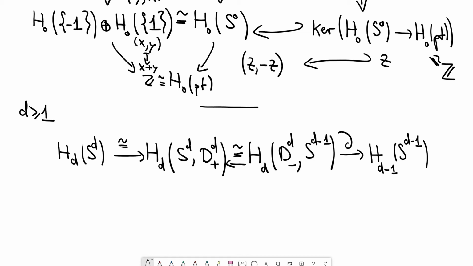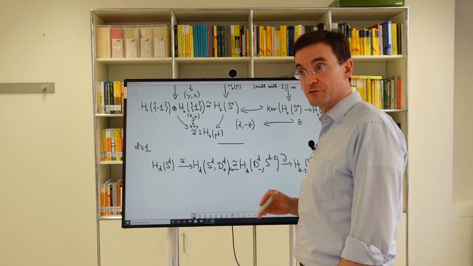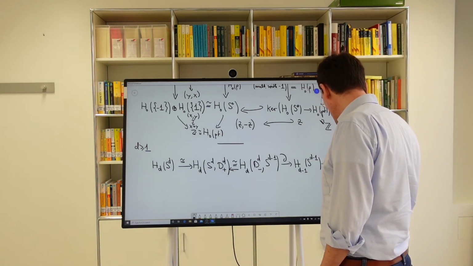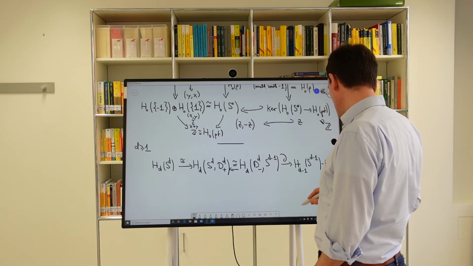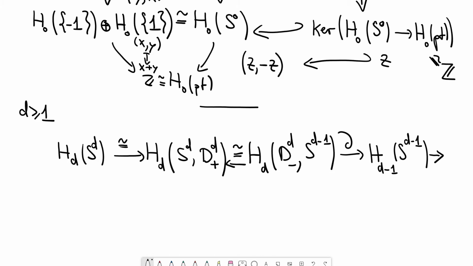In the last video, we saw that this long exact sequence of that pair splits into short exact sequences. And if we go one more in the long exact sequence, we would have here HD minus 1 of DD minus.